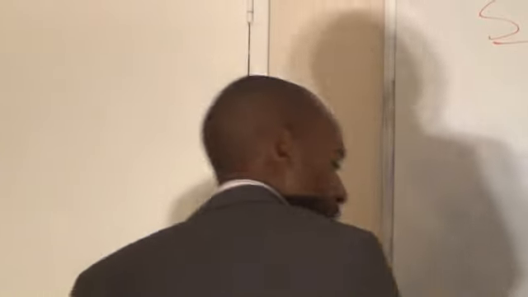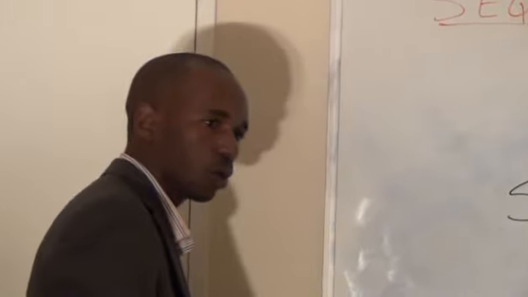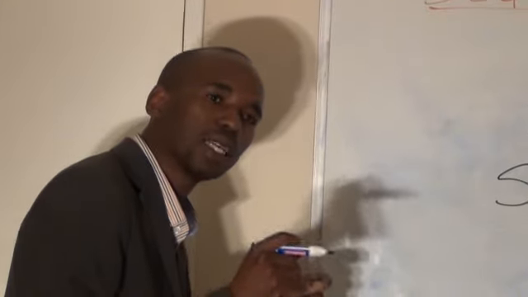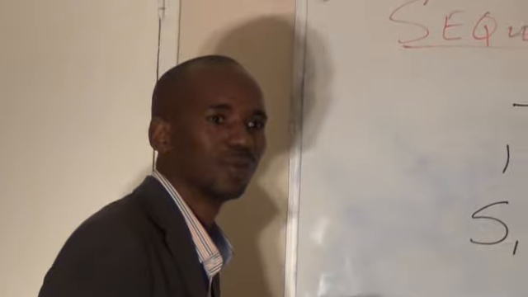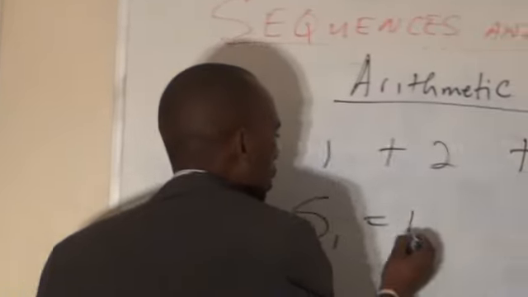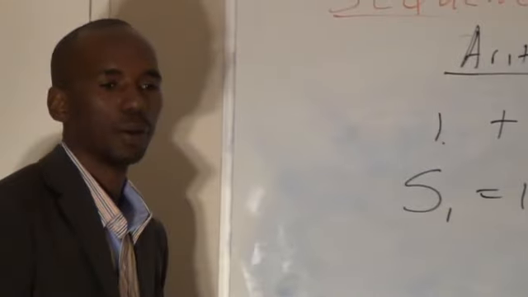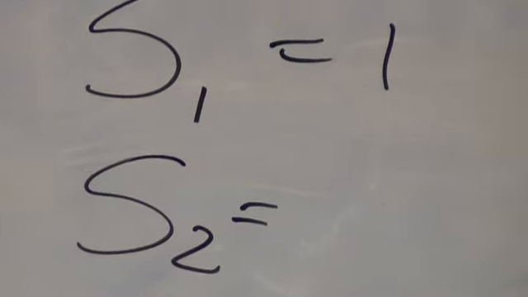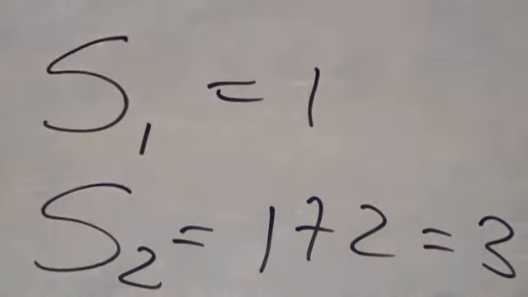If we say S1, we are saying what is the sum of the first term. Obviously, it's just one term. It will be 1, this term here. If we say S2, we are saying what is the sum of the first two terms. 1 plus 2, which is equal to 3.